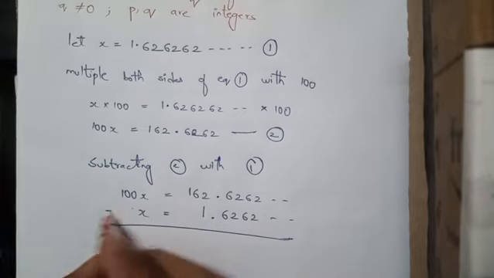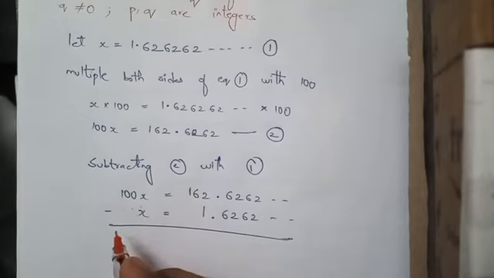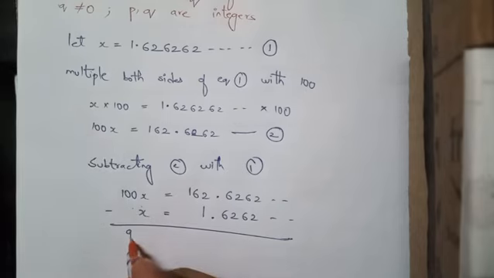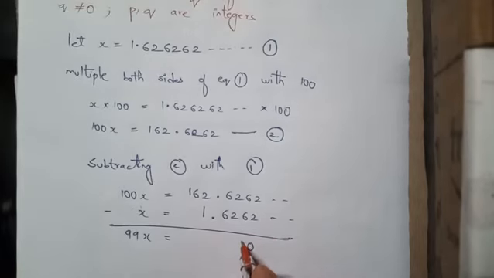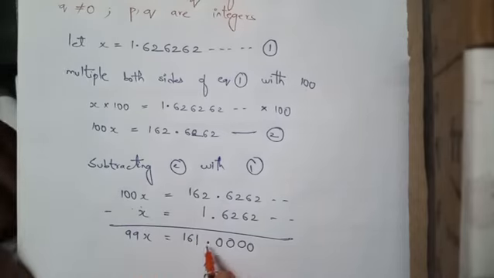Let's subtract: 100x minus x. When we subtract 1x from 100x, 99x remains. Now 2 minus 2 is 0, 6 minus 6 is 0, 2 minus 2 is 0, 6 minus 6 is 0, and 162 minus 1 is 161. The zeros after the point we neglect.